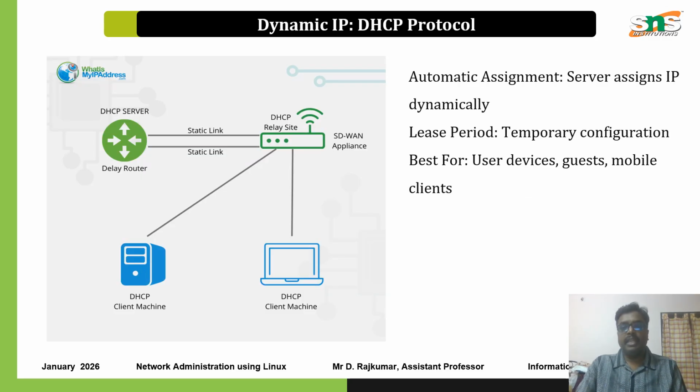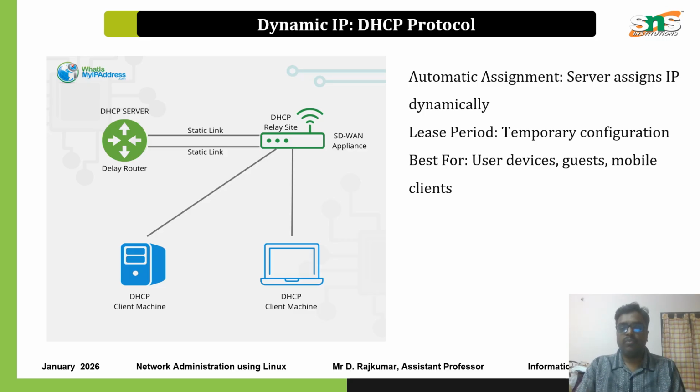Next comes DHCP, where the automatic assignment of IP addresses is done. The server takes care of assigning the IP addresses dynamically. This is done on a lease period, based on temporary configuration, and the lease period can be a number of days or months.